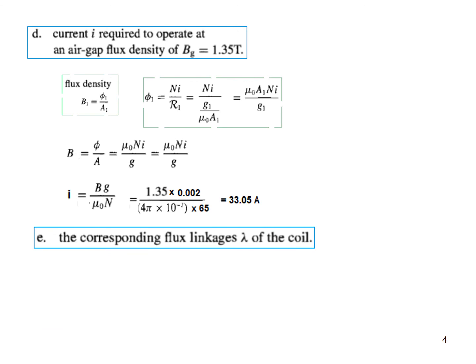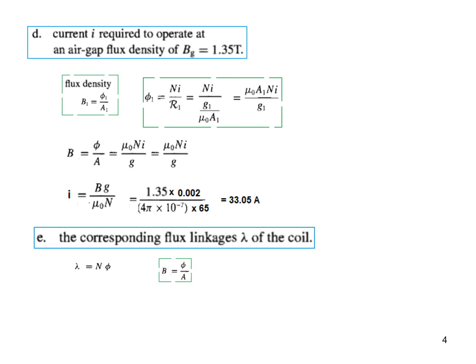And lastly, we have to find the corresponding flux linkage lambda of the coil. Now flux linkage is actually total flux times turns, so we multiply the flux with the number of turns to get flux linkages. We know the number of turns is 65, and we can calculate the flux by this formula, but there is an easy way. We can use this definition.